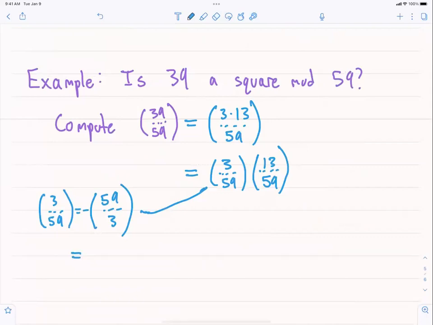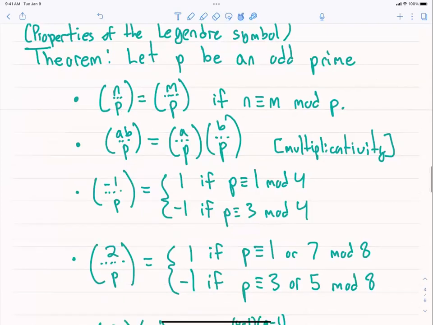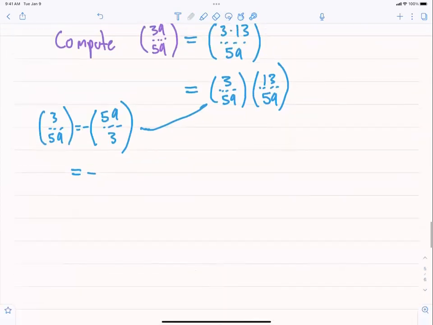Then let me use this first property: the Legendre symbol only depends on n mod p. So I can reduce 59 modulo 3, and 59 modulo 3 is 2. So I get 2 over 3. 2 is not a square mod 3, so this is -1, and with the minus sign in front, it equals 1.